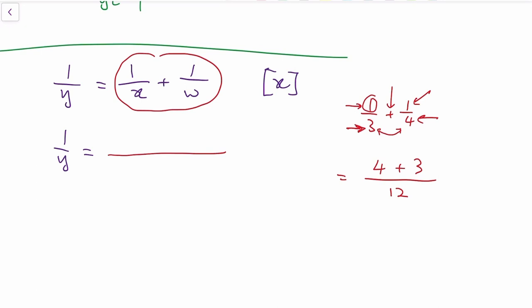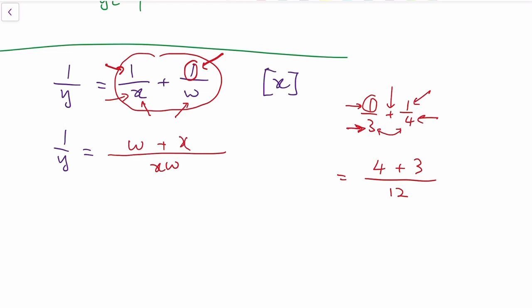So we actually do the same with unknowns. So we have x times w. And then for x to go to xw, it needs to be multiplied by w. So the 1 also is multiplied by w. And then for w to become xw, it is multiplied by x. So this 1 is also multiplied by x.